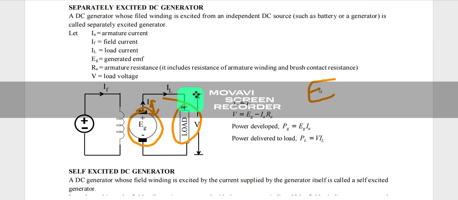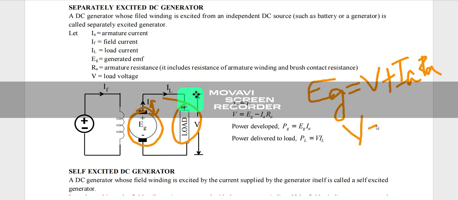So the generated EMF EG will be equal to V plus IARA. So from this we can take the output voltage or load voltage V as EG minus IARA. Hope it is clear. So that is the equation for load voltage.